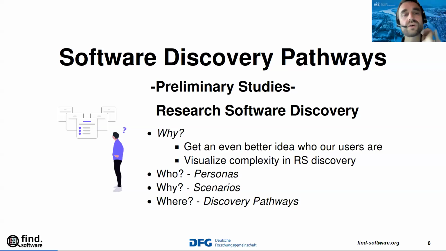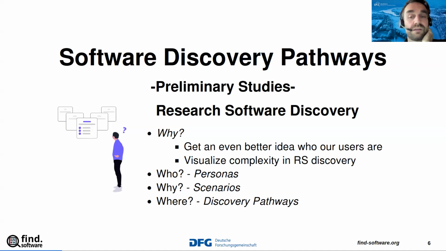I will dive into something that we do as a preliminary study. We try to study software discovery pathways because when we talk about research software discovery, our goal was to frame the whole landscape of it.